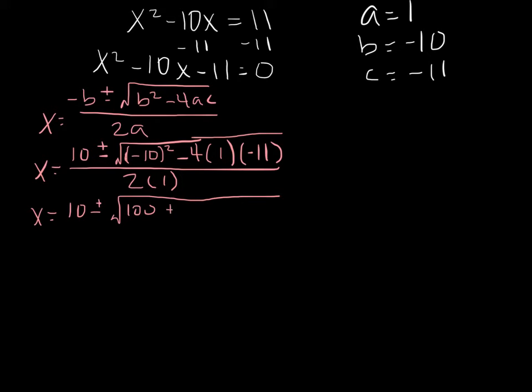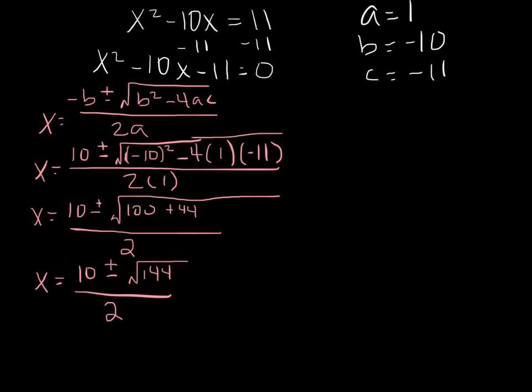So we're going to add 44, all over 2 times 1, which is 2. All right, so now we can continue on. 10 plus or minus the square root of 100 plus 44, which is 144, all over 2.